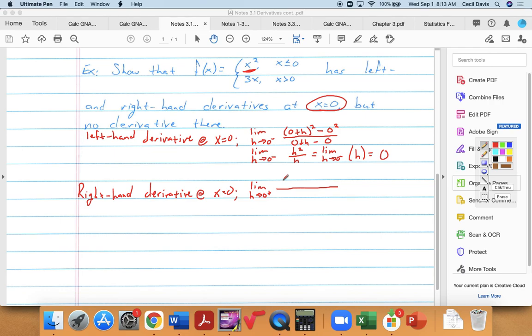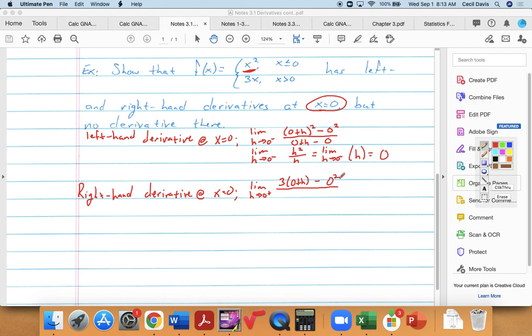The 3x. So this is going to be 3 times 0 plus h, minus, we want f at 0. Exactly right. Minus 0 squared.